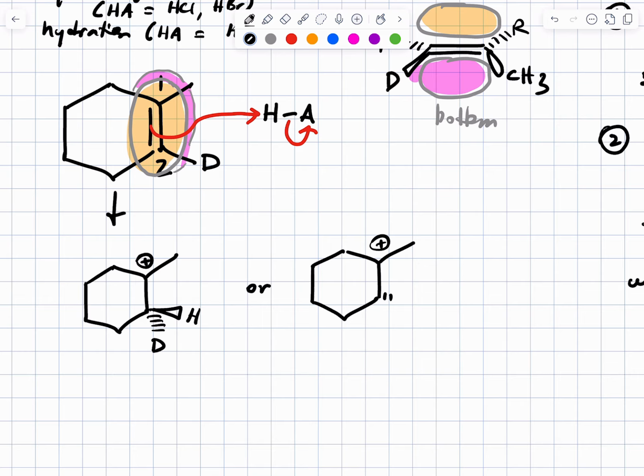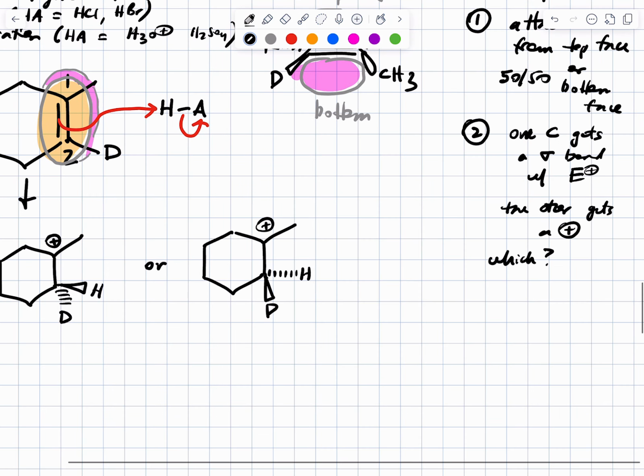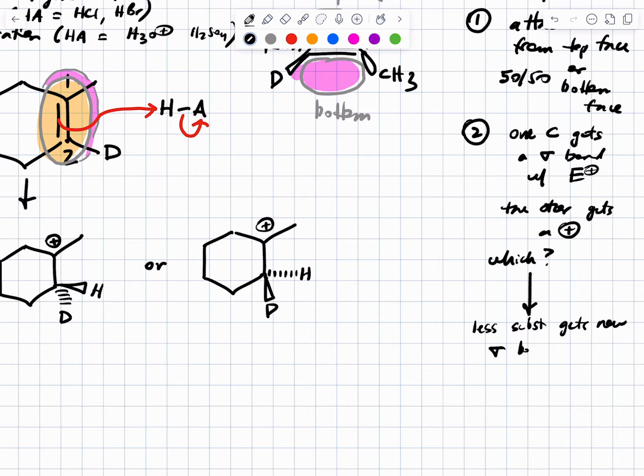It has to be that way because the top face and the bottom face of the alkene are identical. So we've just answered the question, which gets the electrophile? The less substituted carbon gets the new sigma bond with whatever the electrophile is, so that the more substituted carbon has the positive charge where it's more stable.